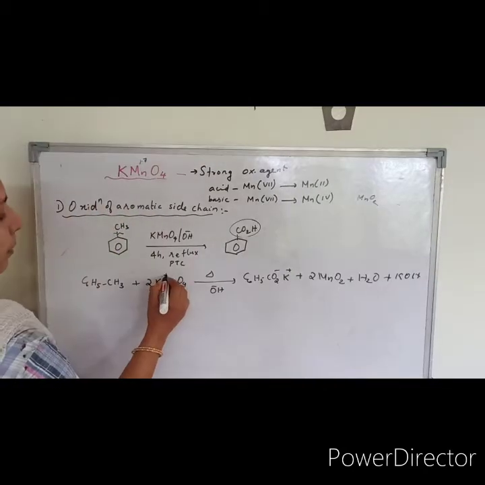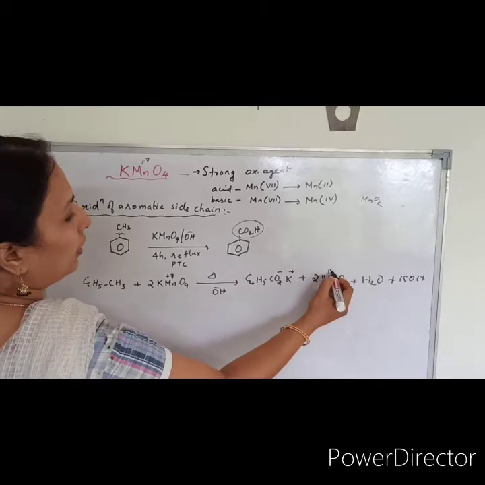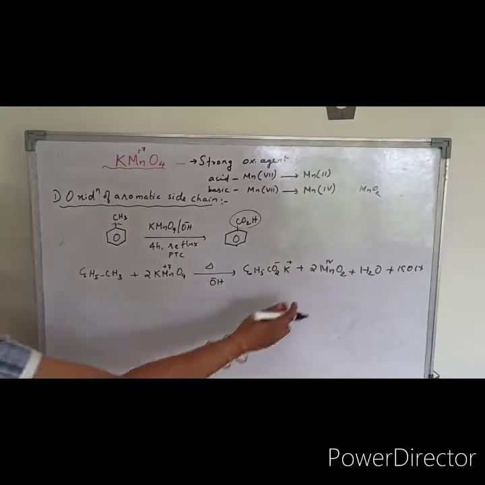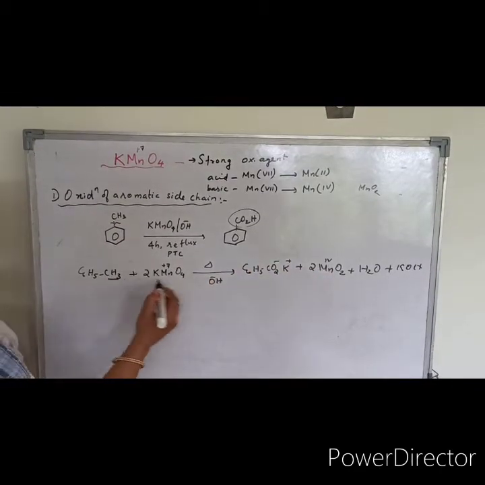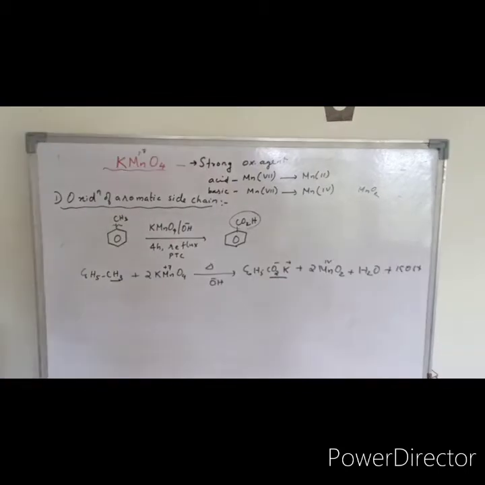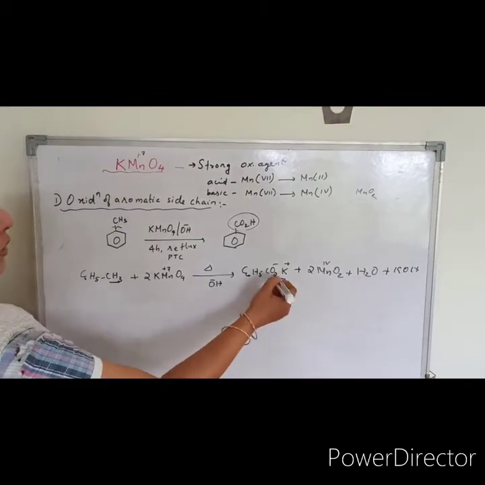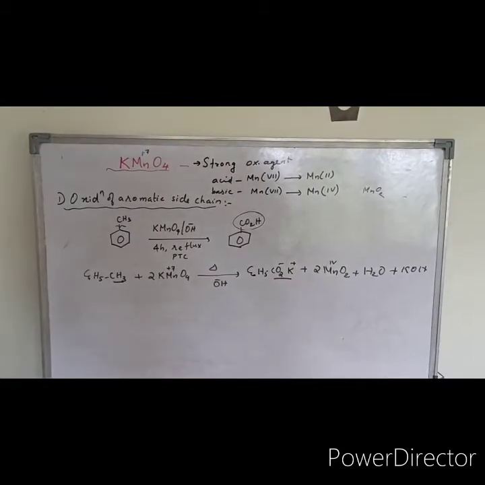So here you can see +7 is reduced to manganese +4, and toluene is oxidized to the carboxylic acid.